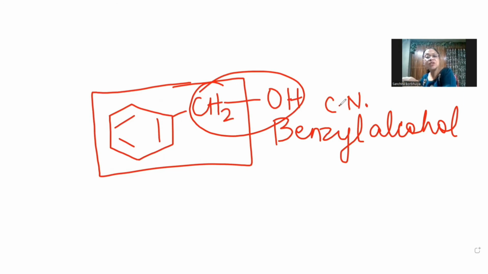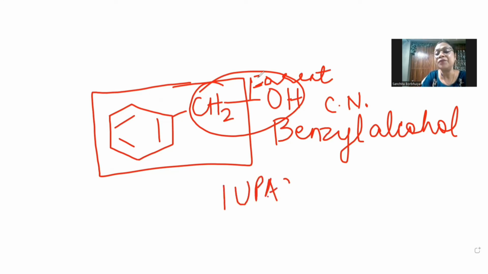The OH group is attached to the CH2 group, not on the benzene ring. Because the OH group is attached to the methylene carbon, this becomes the parent. So the parent is containing one carbon. So yes, if you have guessed, it is methanol. That is perfect.